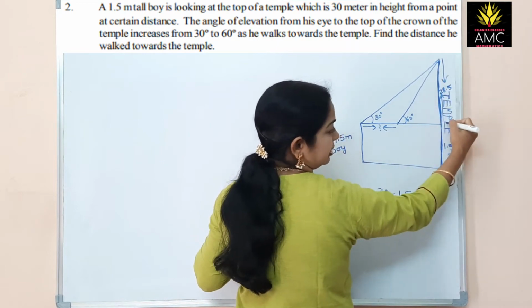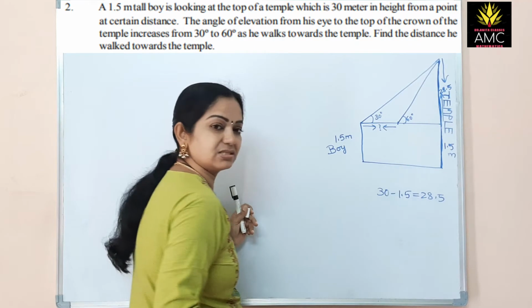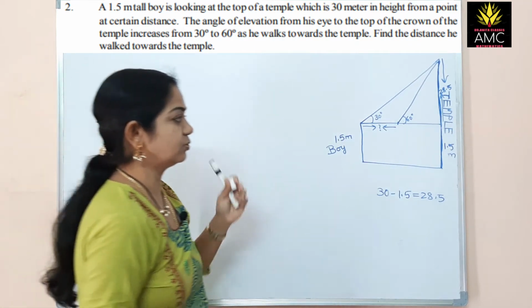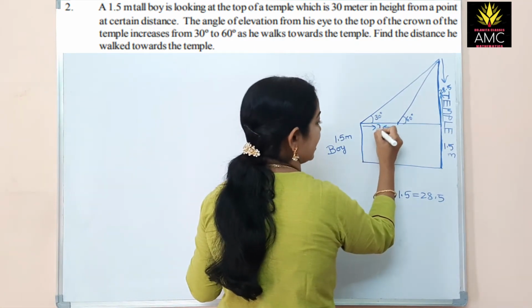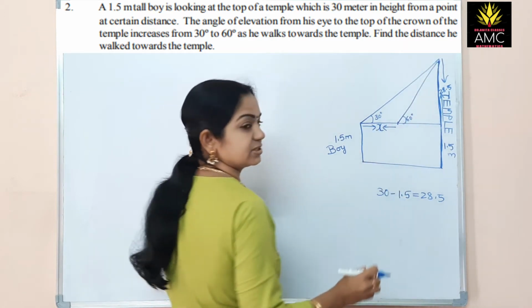So this part is 28.5 and this is 1.5, and here we don't know this distance. Let us suppose it as x, the distance he moved.